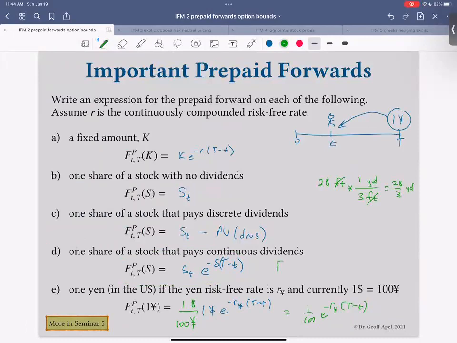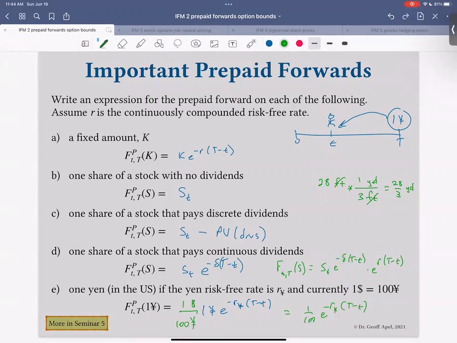So the forward price would just be the prepaid forward, S e to the negative delta times time, but then times interest to move it forward. So I times e to the r times time, right? That's the only difference. I would do that.